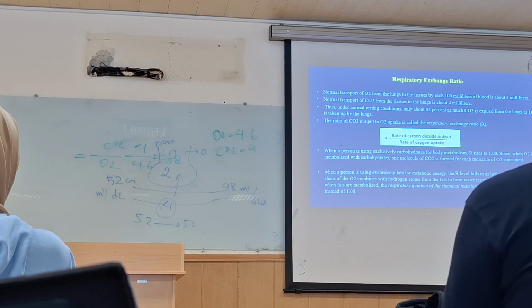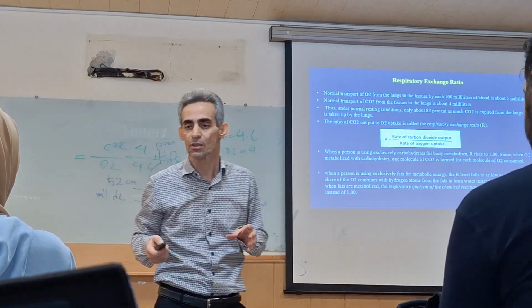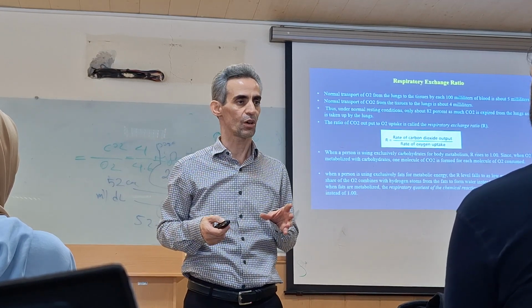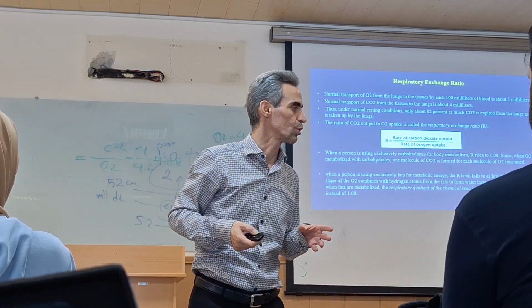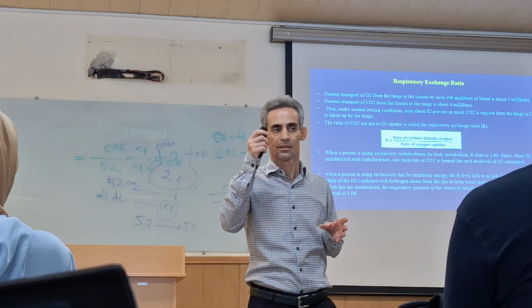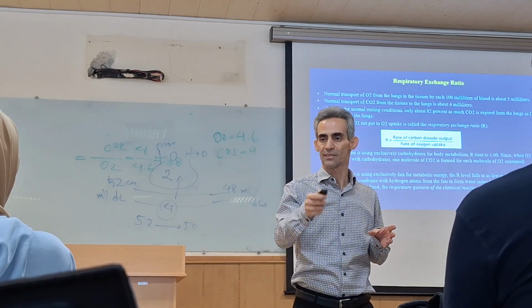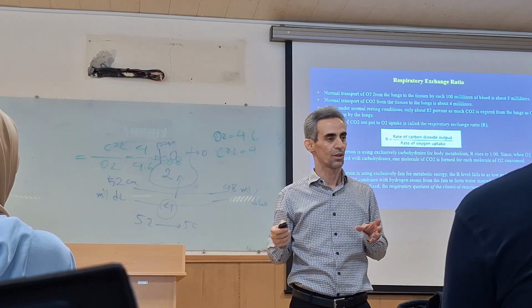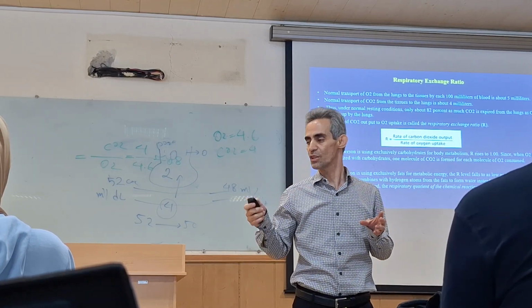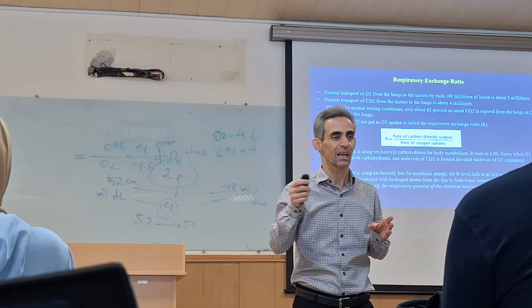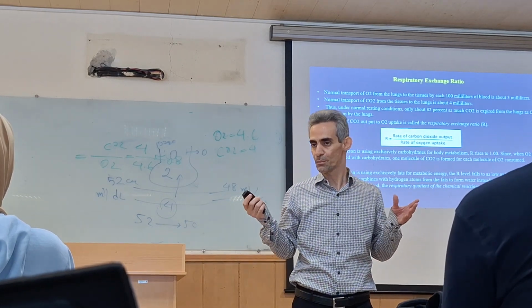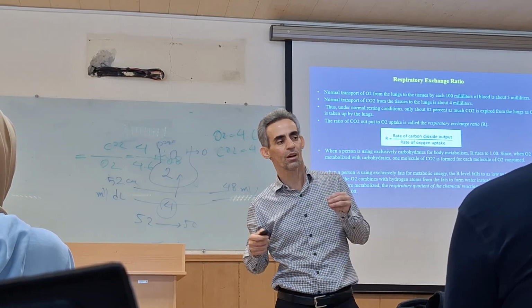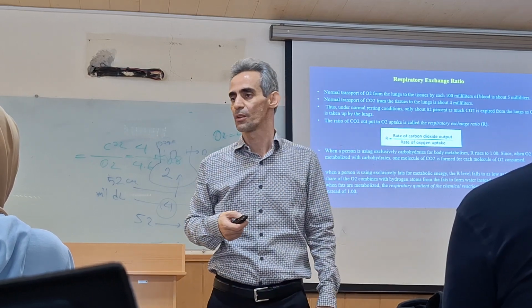But when we use carbohydrate alone in our diet, for example, glucose is C6H12O6, with 6 oxygen leads to 6 carbon dioxide. You remember this formation. What happened to the respiratory ratio?